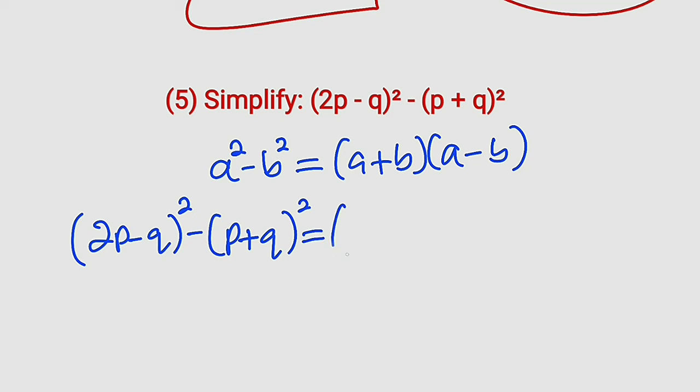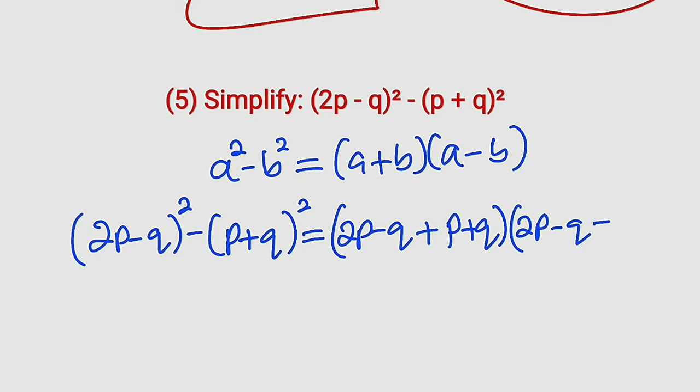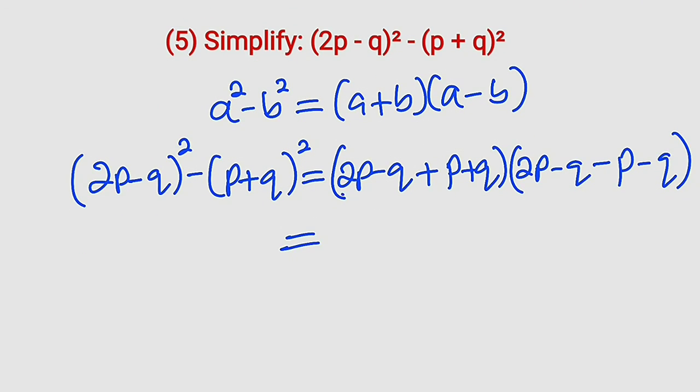This can be written as 2p minus q, then plus the other bracket, which is p plus q, then multiplied by 2p minus q, then this time around minus, but as you subtract p plus q, the minus will affect the two terms, p and q. All of them will become minus, right? So 2p plus p will give us 3p.